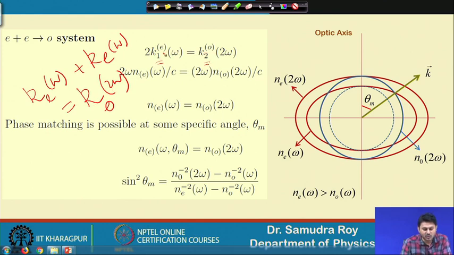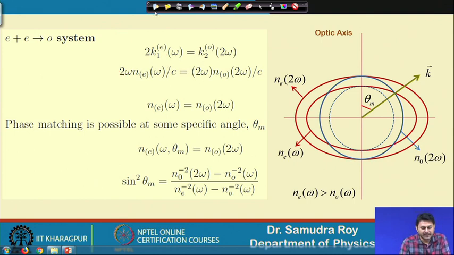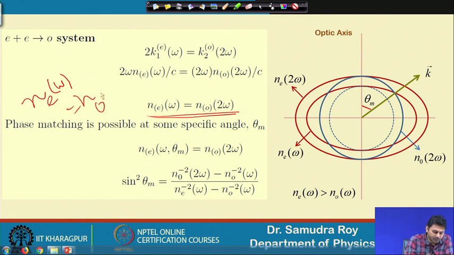Ordinary and extraordinary are symbolized this way. Now, again we are doing the same thing, but here we find one important condition: now n_e of omega is equal to n_o of 2 omega.